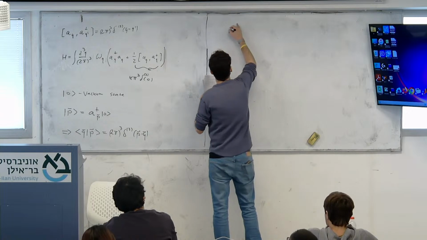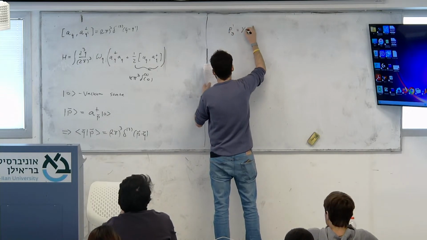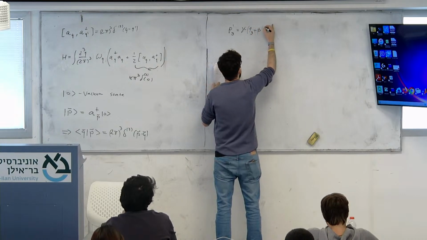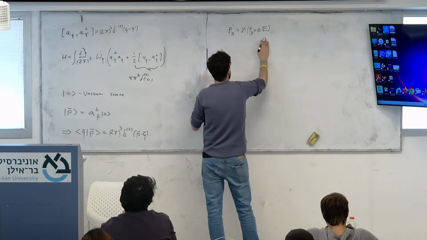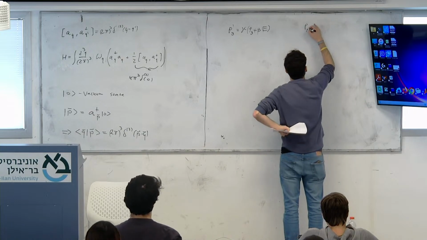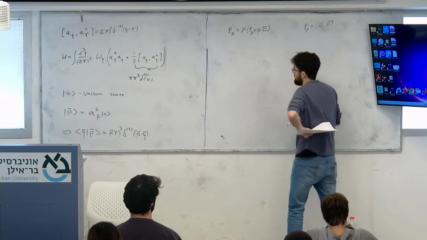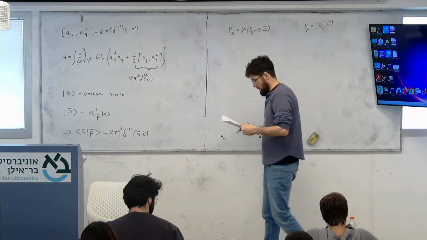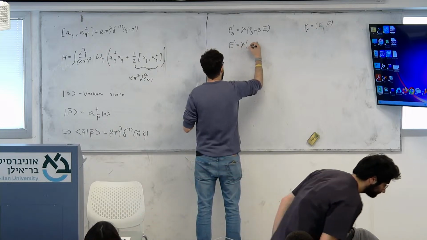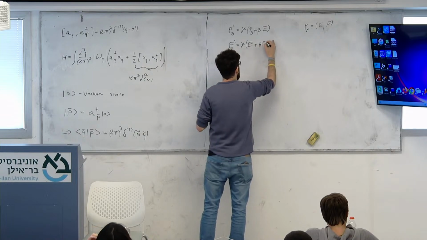So then we have something like P3 prime is equal to gamma P3 plus beta E. Okay, E. What I mean is that P is a 4 momentum with E and P. And then E prime, the transform, is gamma E plus beta P3.